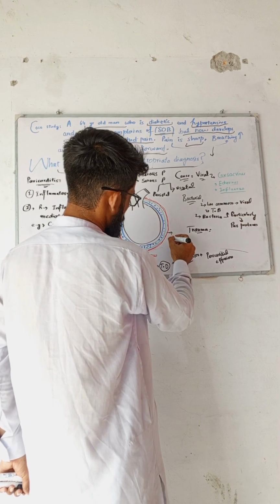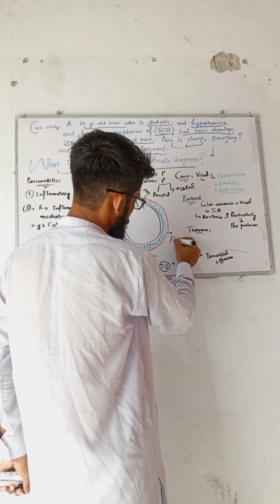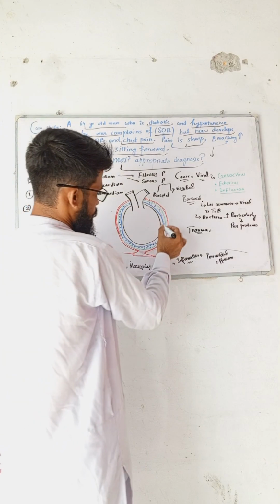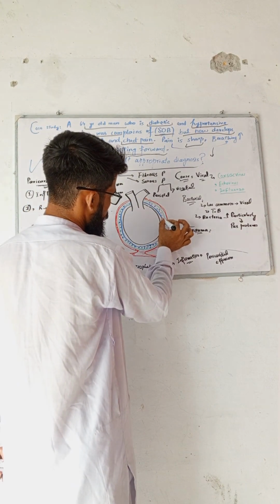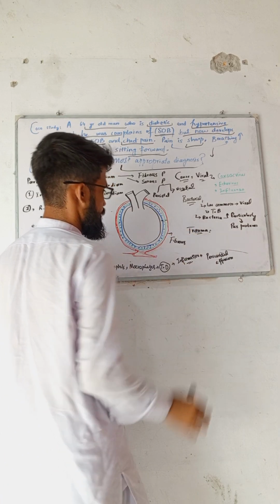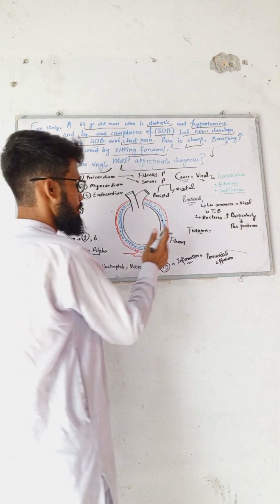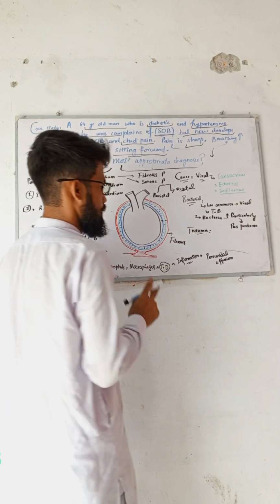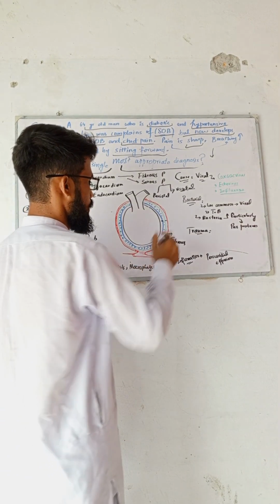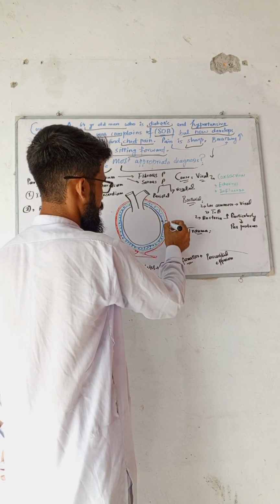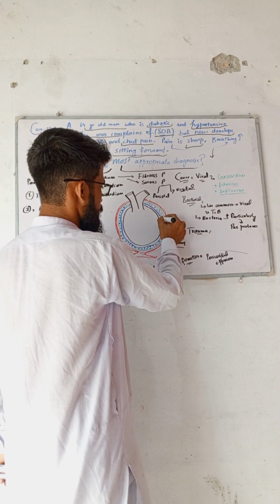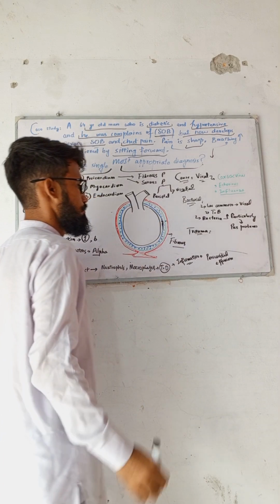This layer is called the fibrous layer, as I discussed. Then there are the two layers of the serous layer: the outer is parietal, which is continuous with the fibrous layer, and the innermost is the visceral pericardium.